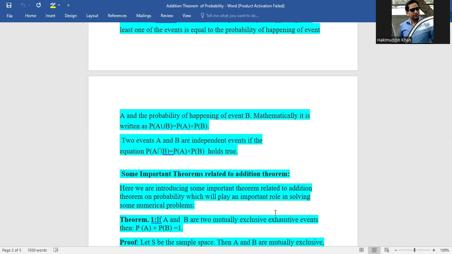So guys, till here you have learned the definition of the addition theorem, the proof of the addition theorem, and what the formula of the addition theorem will be when both the events are mutually exclusive events, and when both the events are independent events.